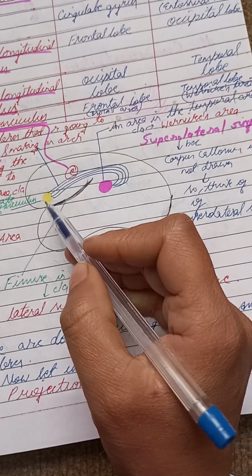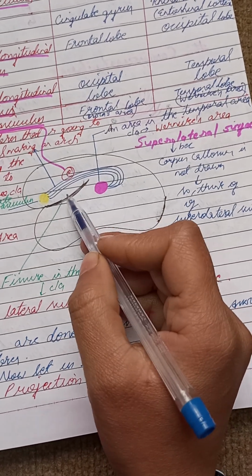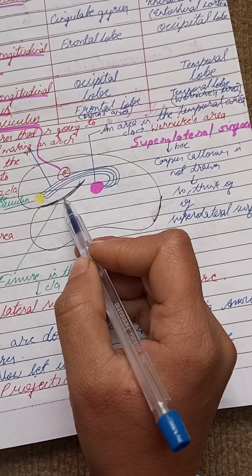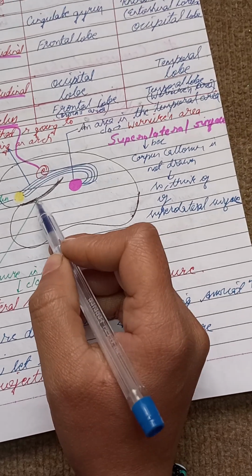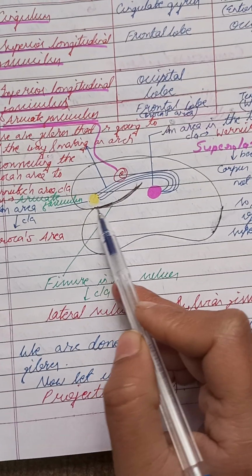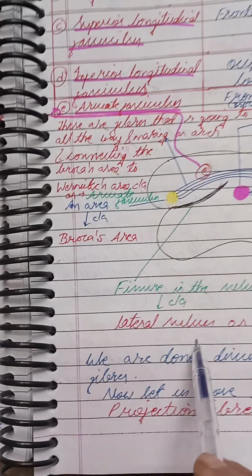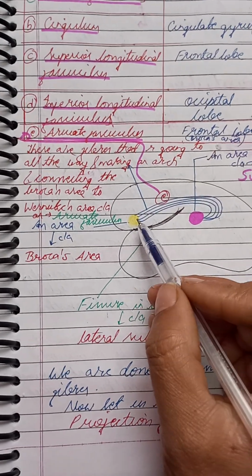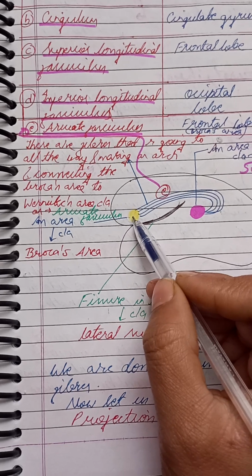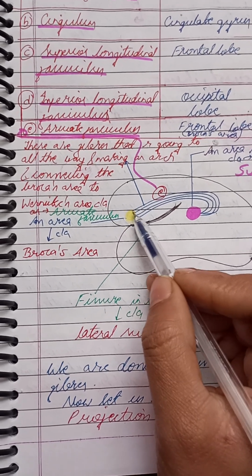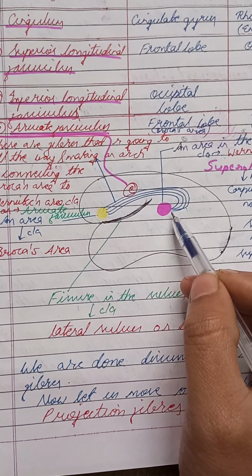Now see, this is again a picture, and this is the fissure, the sulcus called the lateral sulcus or sylvian fissure. This area is called Broca's area, and this area is called Wernicke's area.